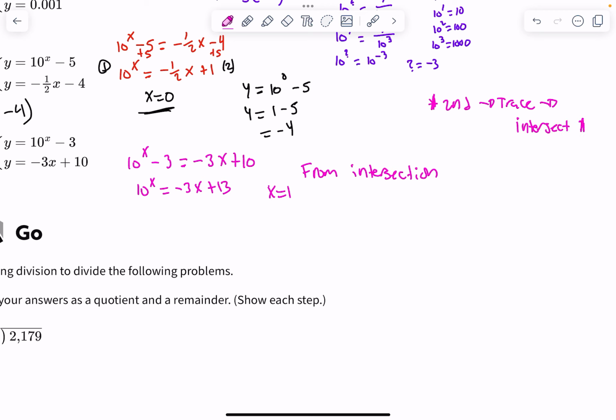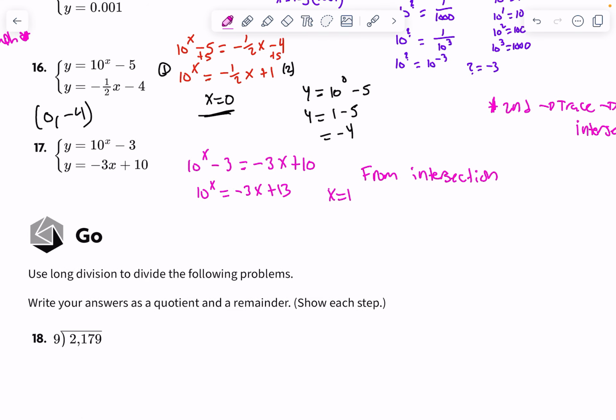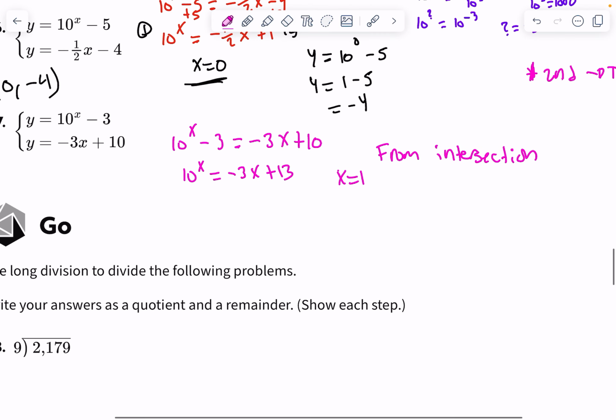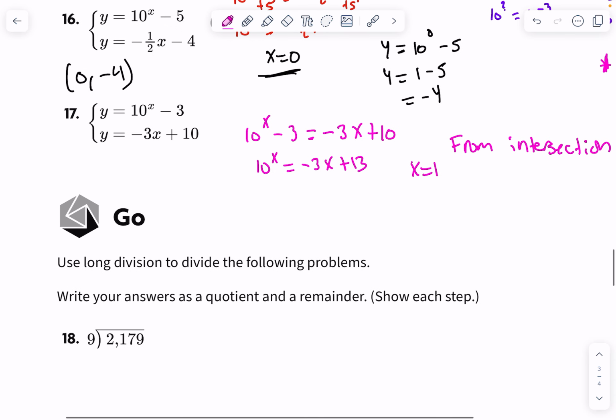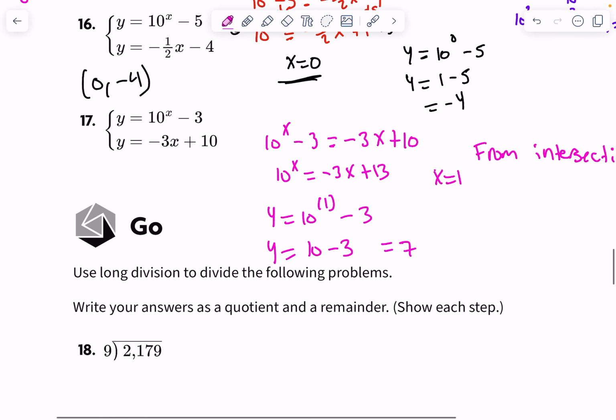If you need help with that, you can also do a quick Google search about how to find the intersection, or just let me know. So x is equal to 1, and then we can plug it in. So y is equal to 10 to the 1 minus 3. So y is equal to 10 minus 3, which is equal to 7, okay? So this point right here is 1 comma 7.